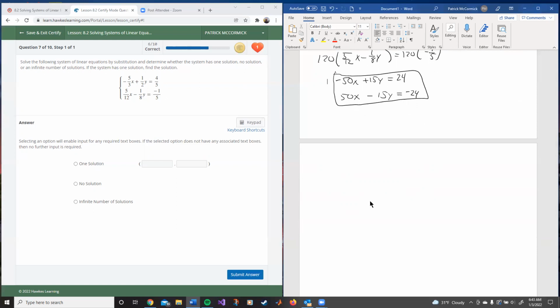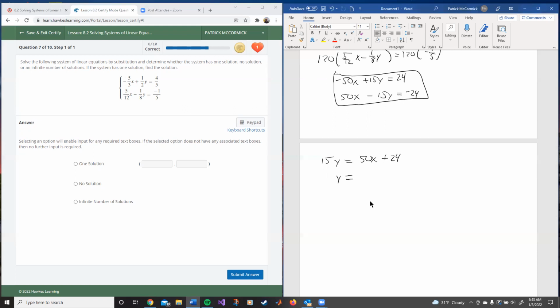So which one do we want to solve for? Either way is going to be a tough one. So let's solve for y up here. 15y equals 50x plus 24.